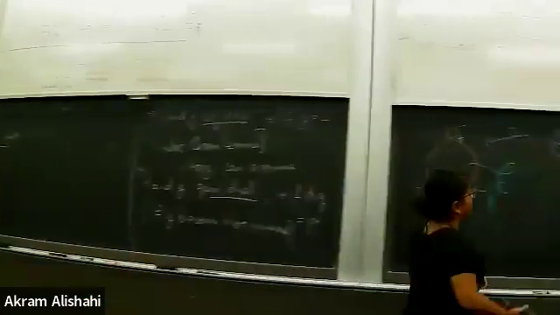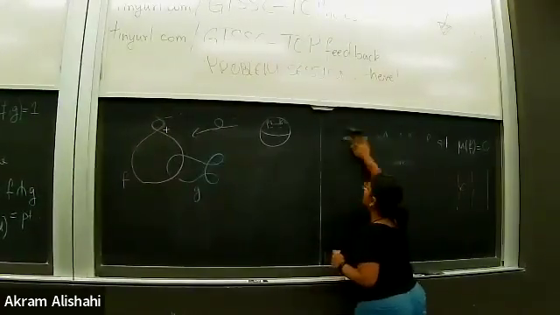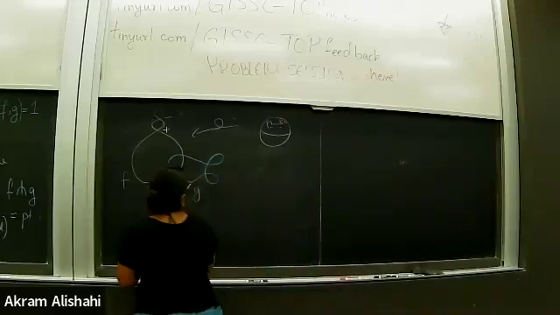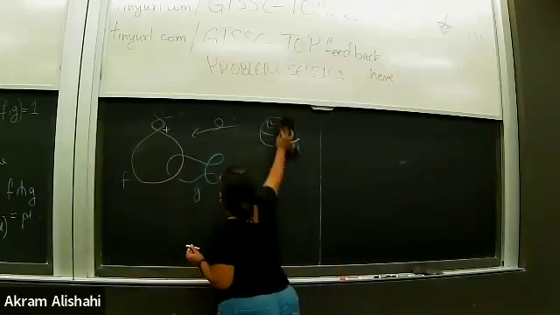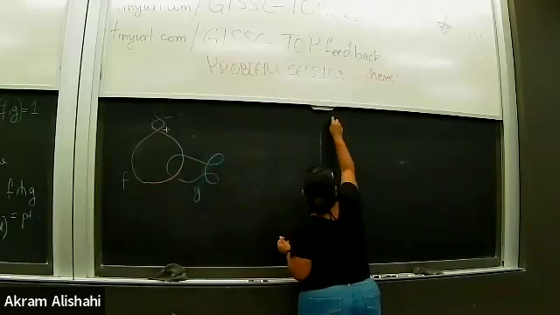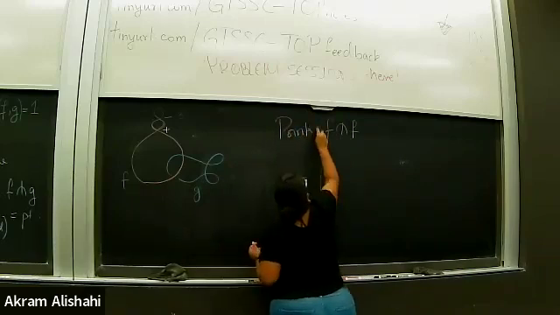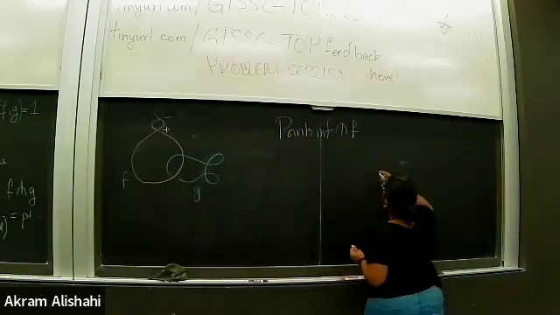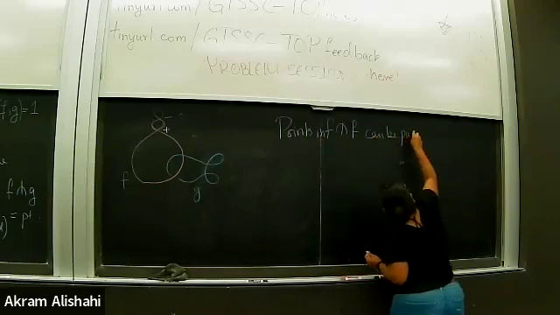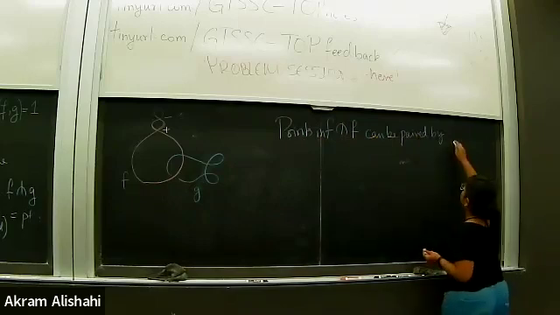In fact, I like to do it here. So now in my current state, I notice that the points in the self-intersections of F with itself can be paired by circles.